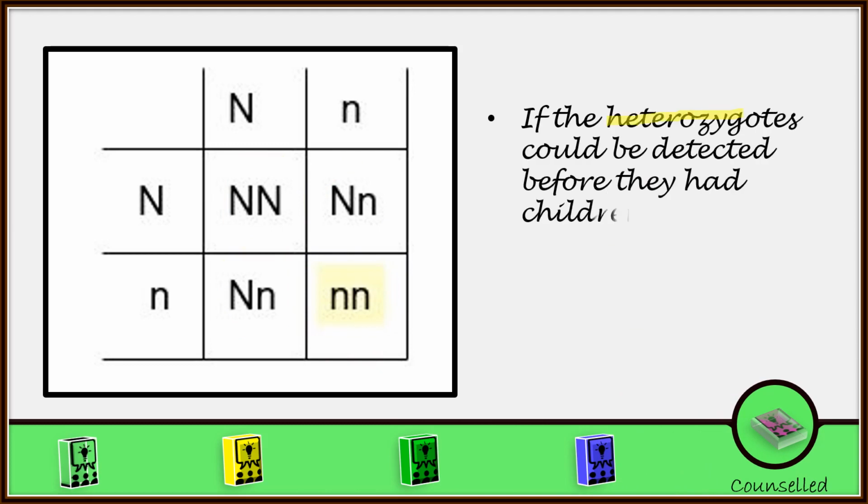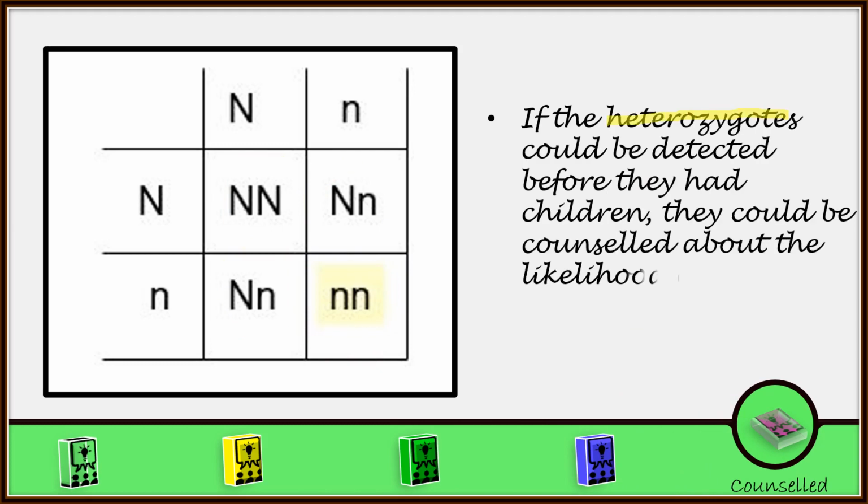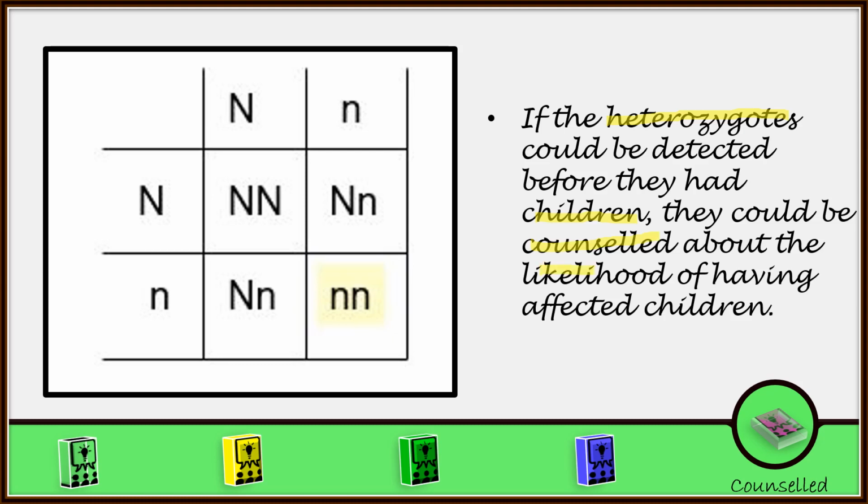If the heterozygotes could be detected before they had children, they could be counseled about the likelihood of having affected children.